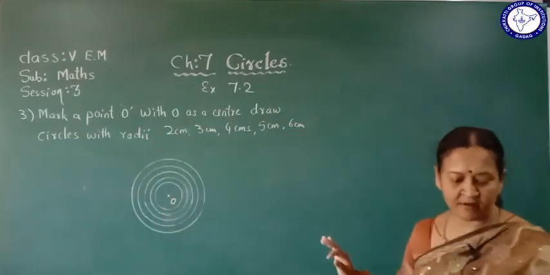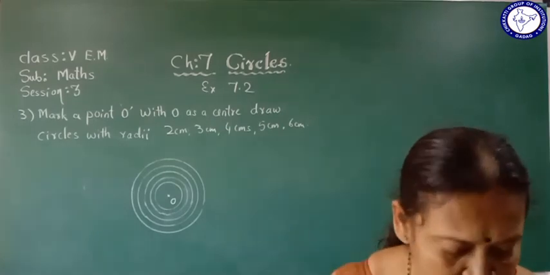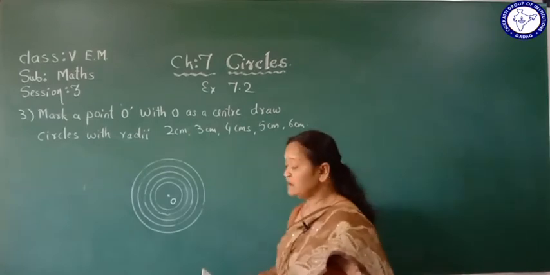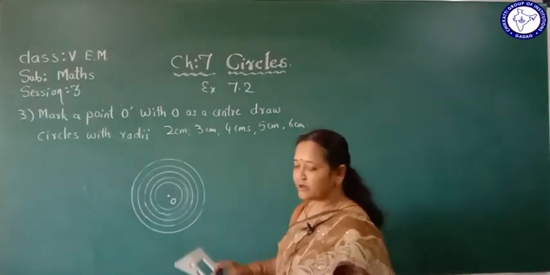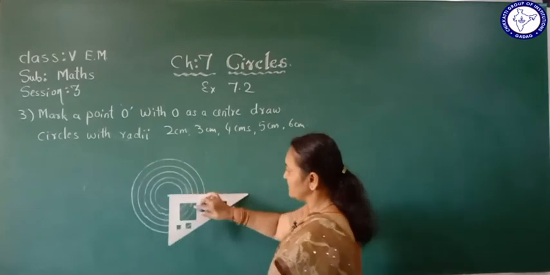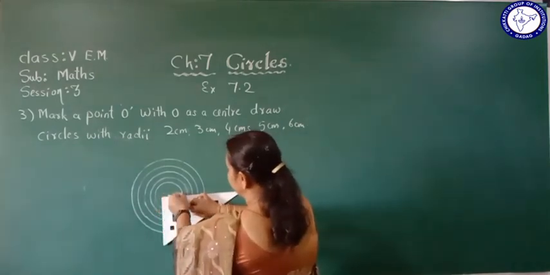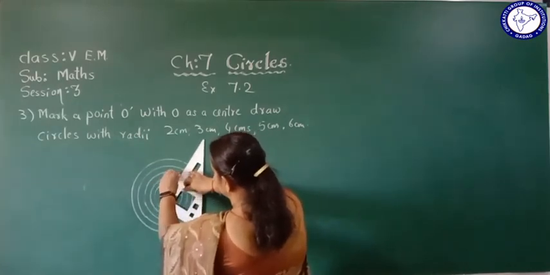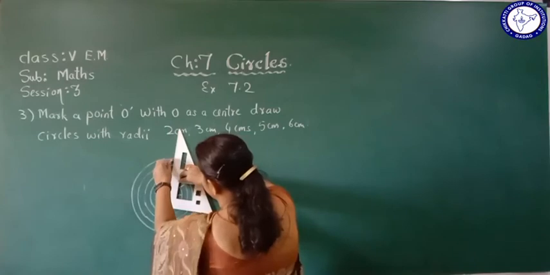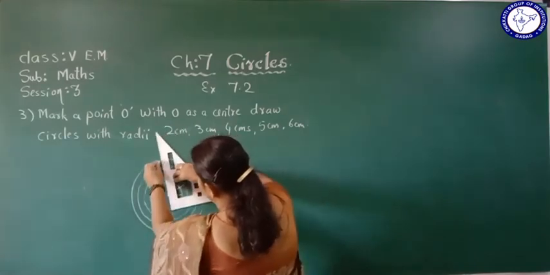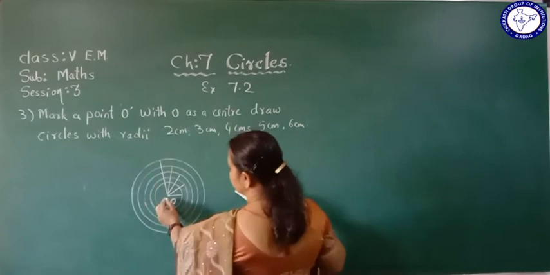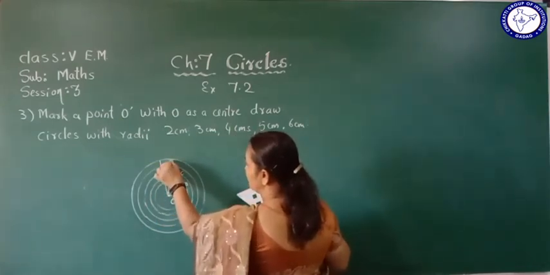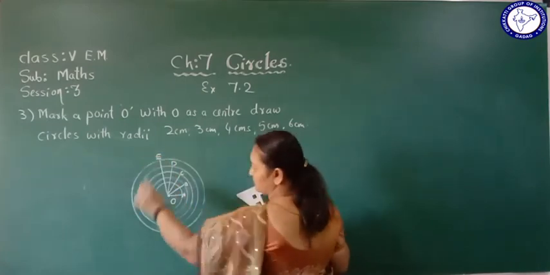You should be very careful while constructing the circles. You should see that the compass should not move from the center of the circle, otherwise you won't get a proper circle. Now let me find the radius. Here one, this is another one, here third one, 4 and 5. So let me name OA, OB, OC, OD and OE.